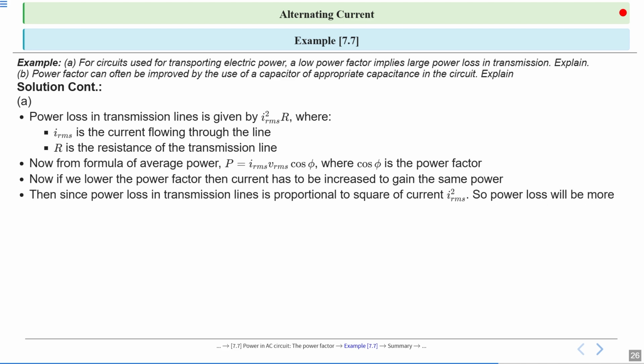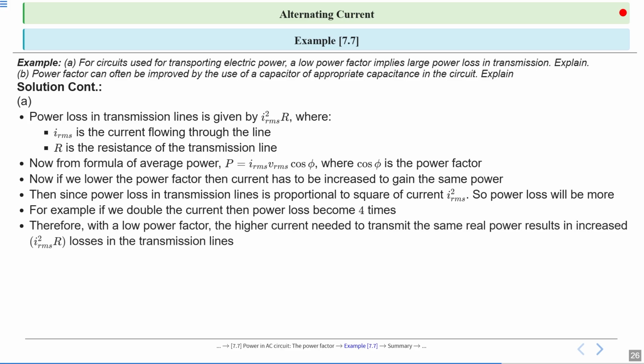Since power loss in the transmission line is proportional to IRMS square, power loss will be more if we increase the current to gain the same power. For example, if we double the current, then power loss will become 4 times. Therefore, with a low power factor, a higher current is needed to transmit the same real power.